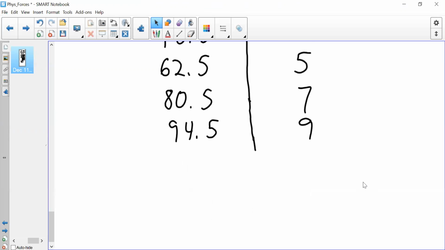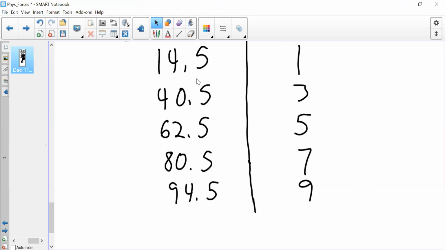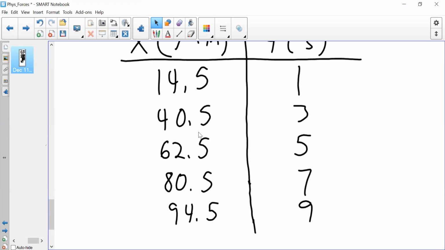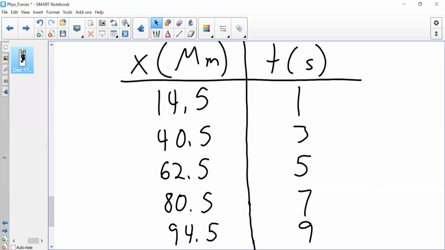The gaps are decreasing. We can see it's going from 26, 22, 18, 14, getting smaller. So what you can do as a reminder to yourself, you can say something like this on the side.